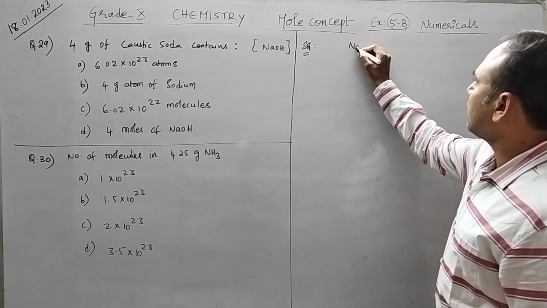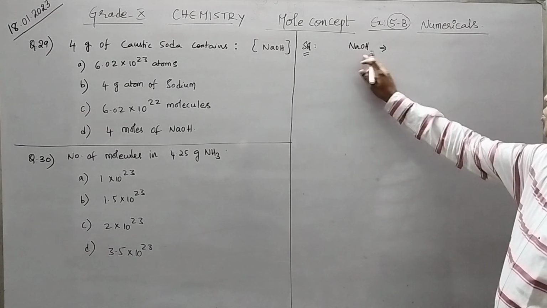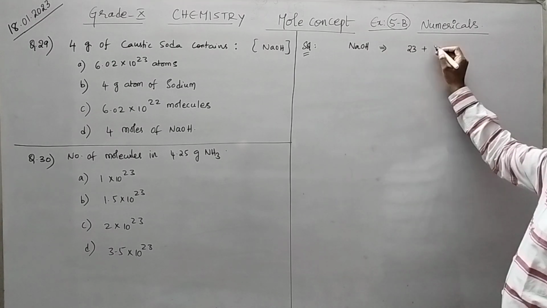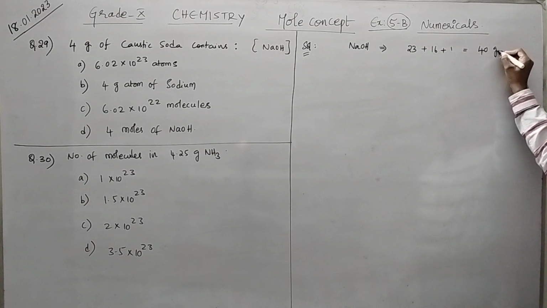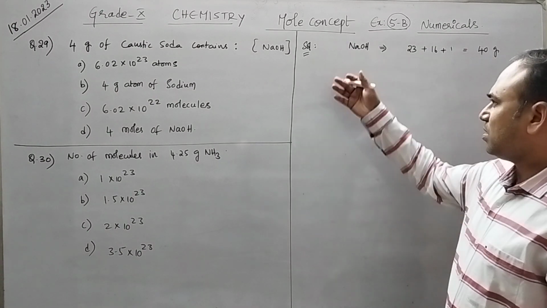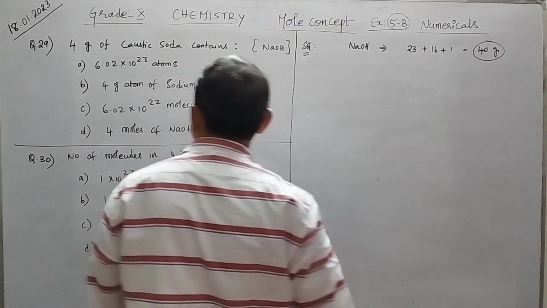If you take NaOH, what will be the molecular mass of NaOH? Sodium 23, oxygen 16, and H is 1. So we have the molecular mass is 40 grams. So we know this, like what will be the number of atoms or molecules we have to identify.